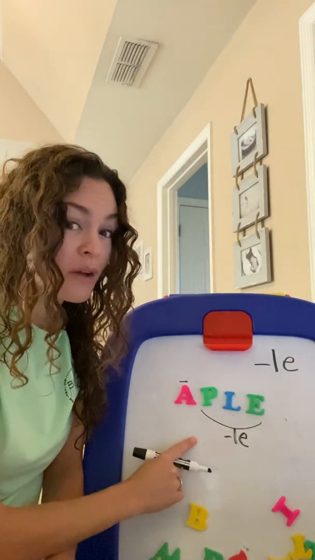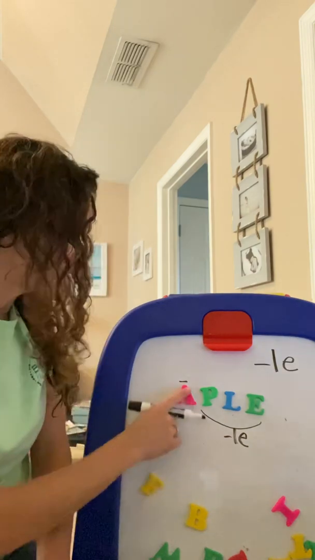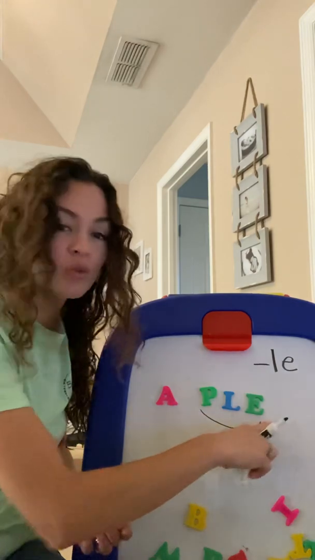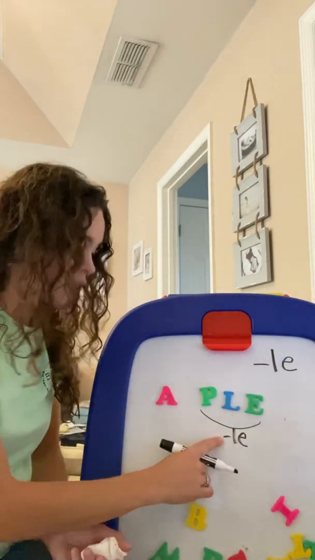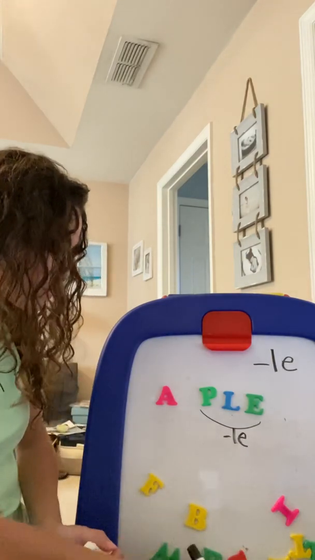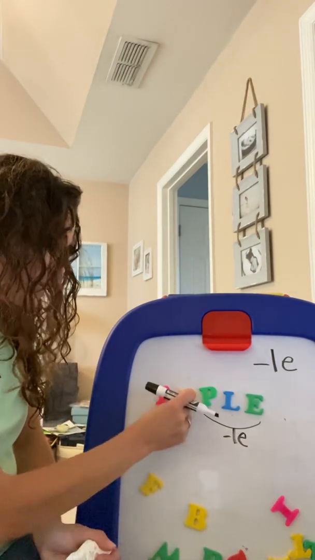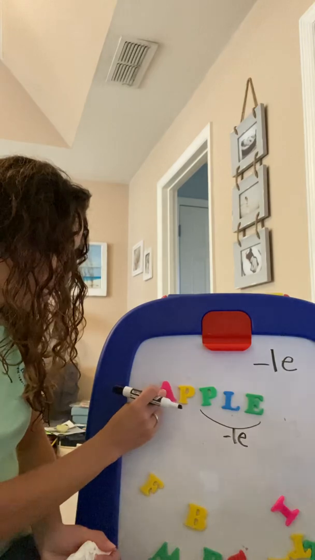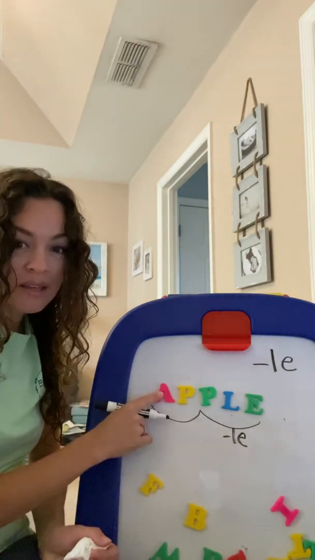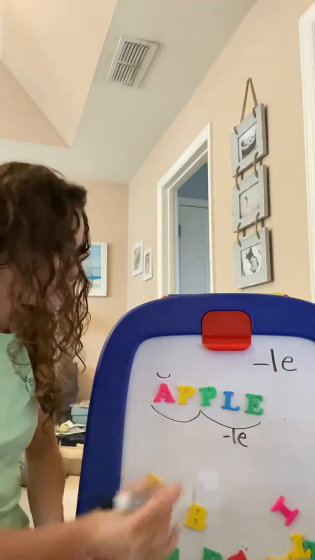I know you're telling me at home, Miss Cooper, you need something to close that P in. This P is working with this syllable, consonant L-E. This has to stay together. So I'm going to need another P to close in that A and make this vowel sound short.